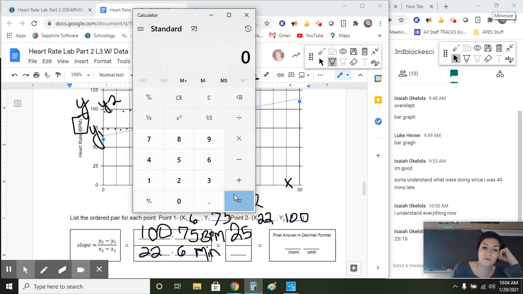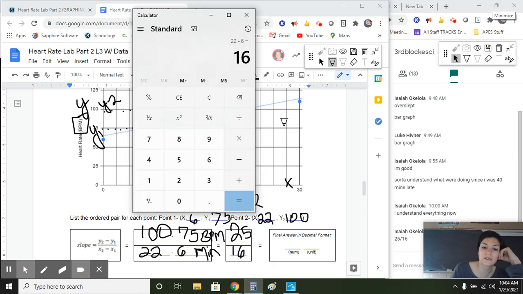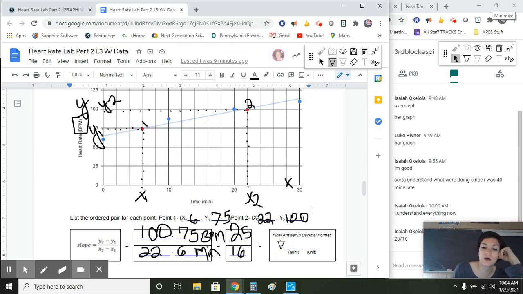If I get my calculator out, 22 on the bottom, minus 6 is 16. So now you have to divide it. Isaiah is completely correct. 25 divided by 16 is a really gross number. Guess what? We're writing it down. We're going to round to the hundredth. 1.56.